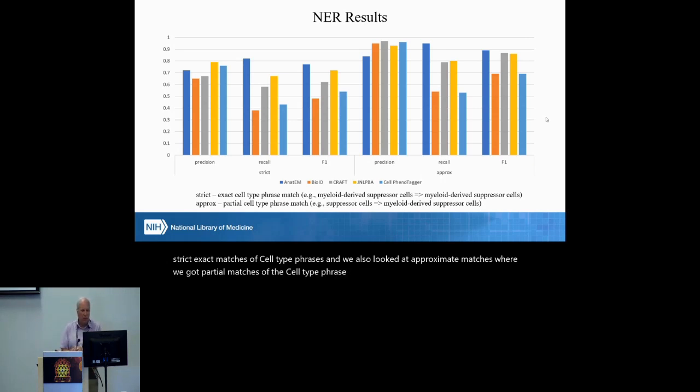An exact match example might be myeloid-derived suppressor cell is extracted, and that matches to myeloid-derived suppressor cell in the training corpora. The approximate example is where we have suppressor cells extracted, but really in that text, myeloid-derived suppressor cell was the phrase that refers to the cell type.